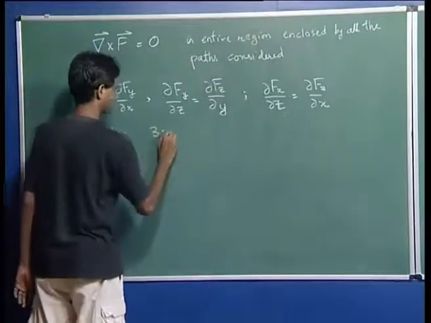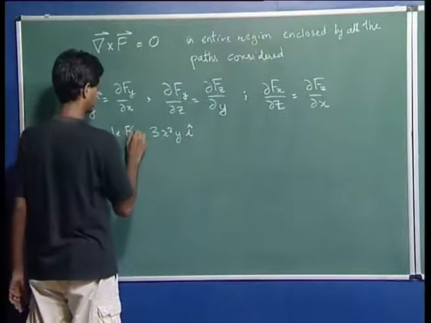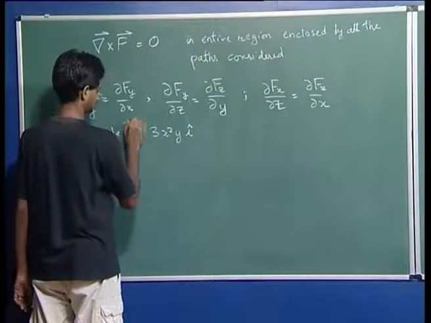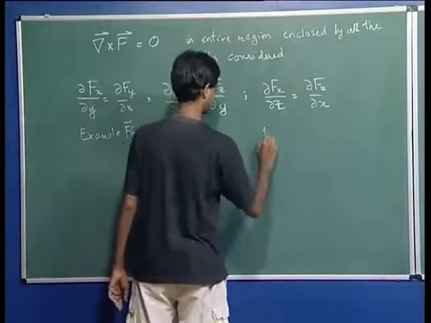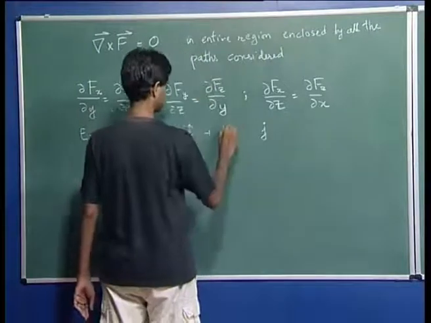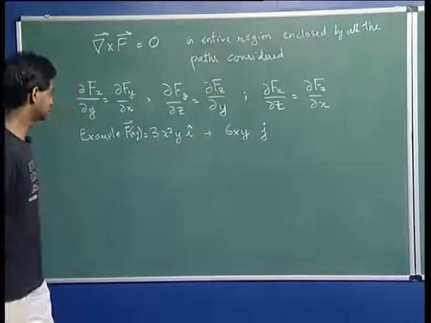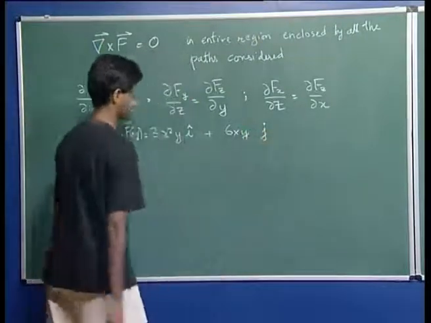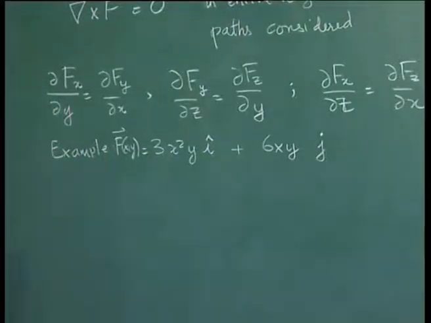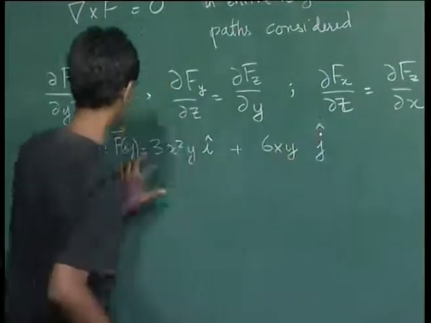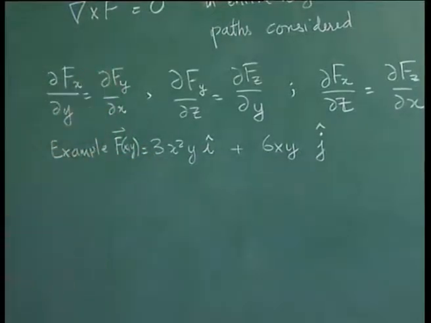Suppose I take f of x y is equal to 3x square y i plus 6xy j. Suppose I take this as a force field. Here I have restricted myself to a two-dimensional problem instead of the full three-dimensional problem.